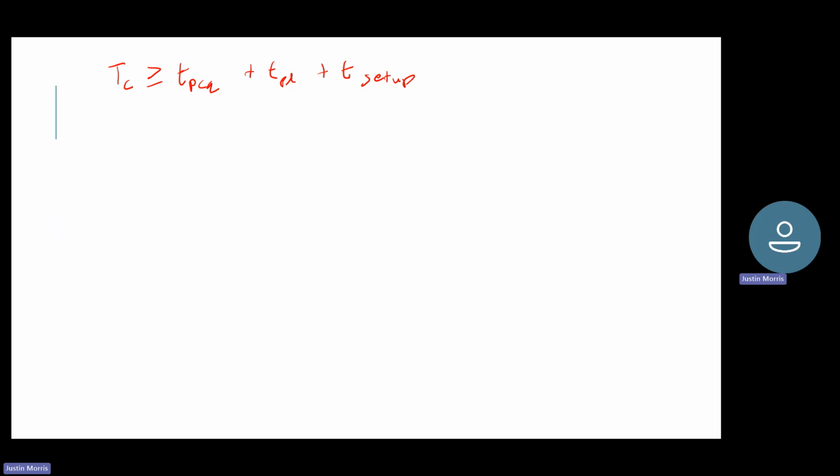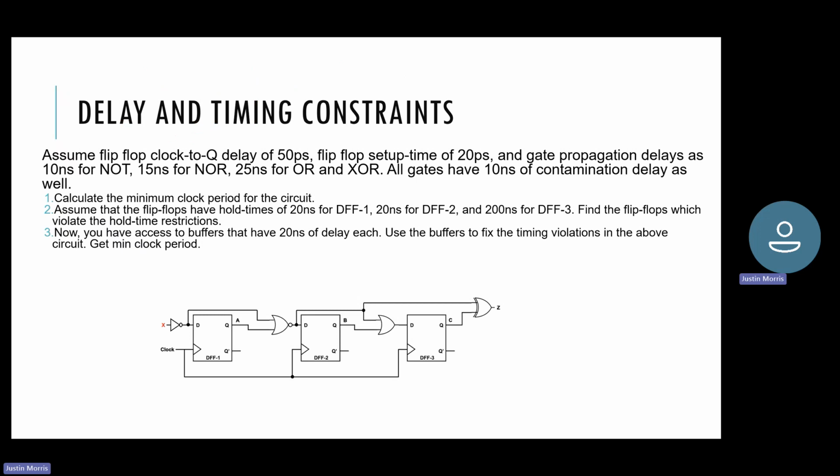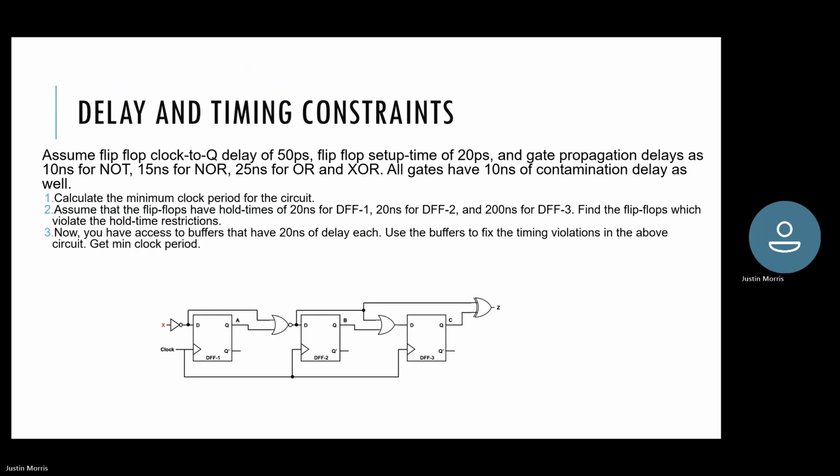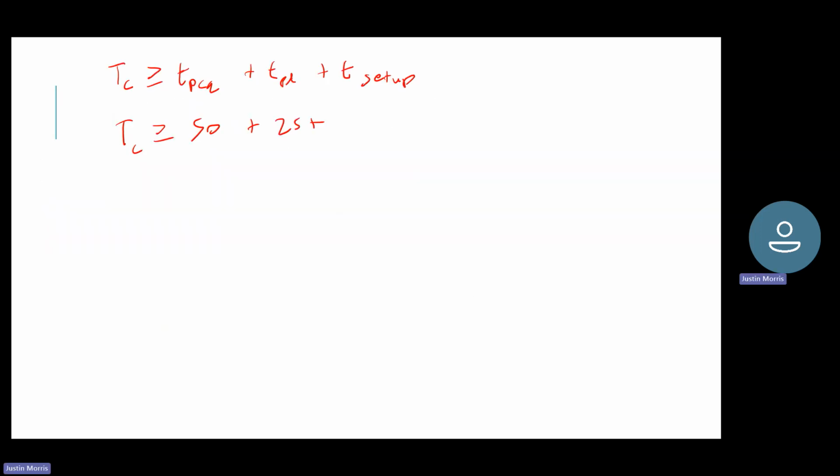All right, so we have clock to Q was 50, and then the propagation delay of the NOR was 15, plus 25 for the OR.